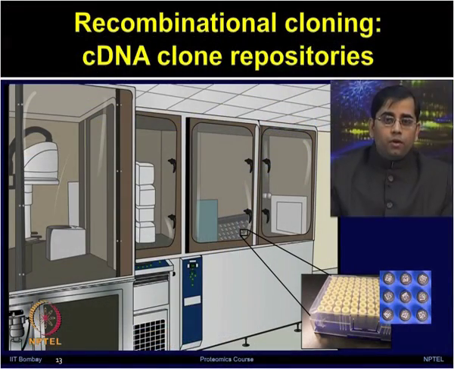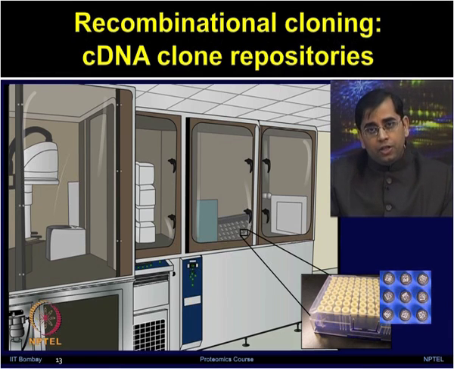Now, I have shown you earlier how these clones are stored, these master clones which are almost of gold quality. Now, those are collected in these repositories. We have several good repositories including at Harvard Institute of Proteomics, at Arizona University, MGC clones, and there are some other commercial repositories as well.